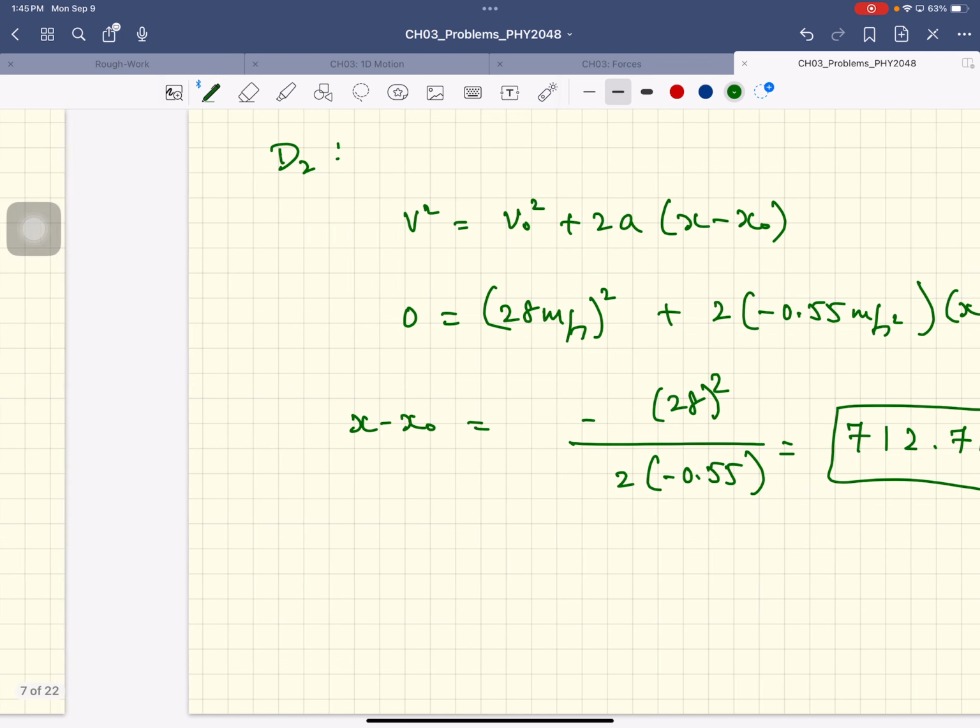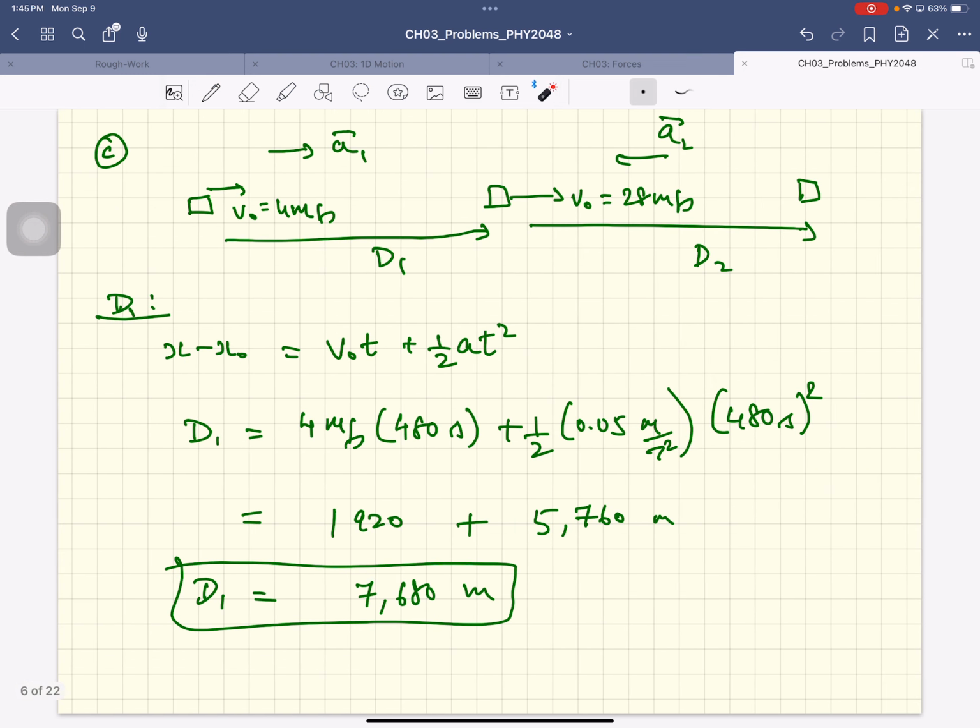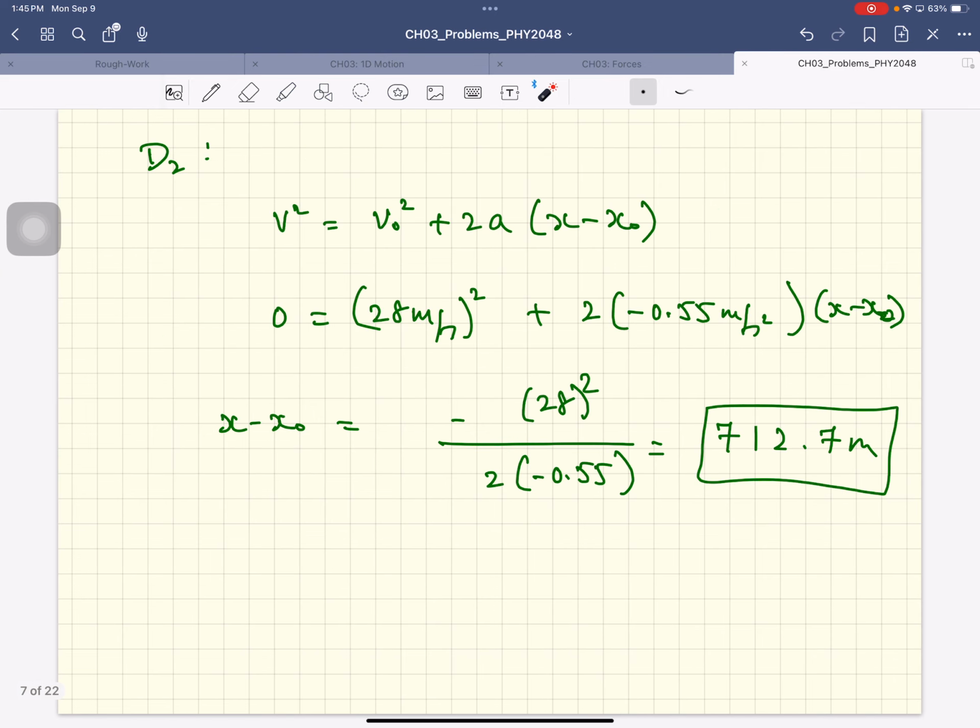Okay, so you can see this. Your acceleration distance was 8 kilometers, and your stopping distance is 0.7 kilometers. Okay, you see the stopping acceleration was 10 times greater, and the stopping distance is 10 times less. Okay.